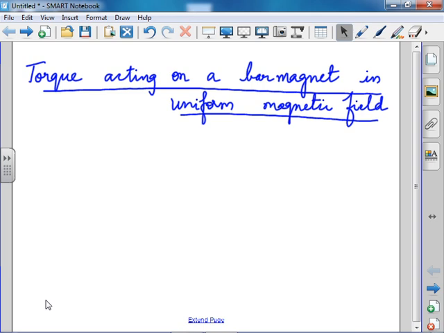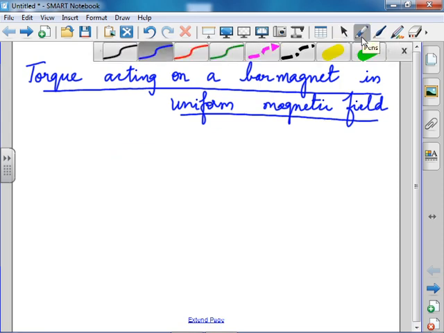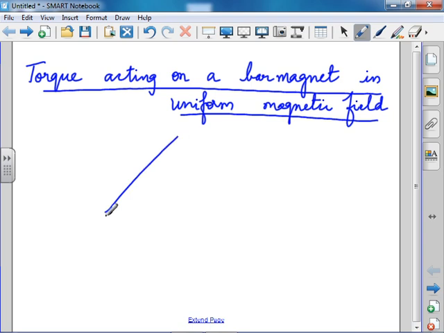So let us consider a magnet of length 2L. Usually the magnetic length is represented by 2L. Here, while drawing this diagram, here is the south pole and here is the north pole.